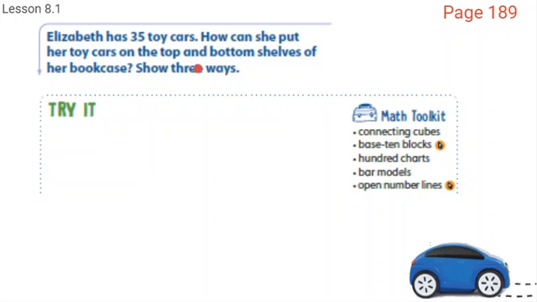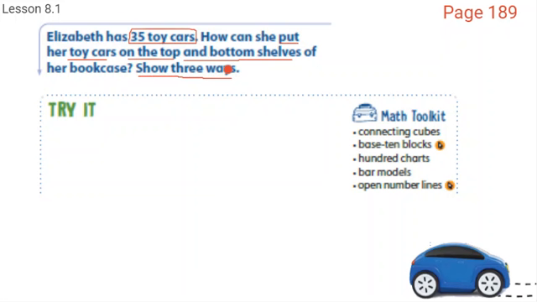Show 3 ways. So right now we know that she has 35 toy cars. I'm going to underline put toy cars on the top and bottom shelves of her bookcase. And then finally it says show 3 ways.